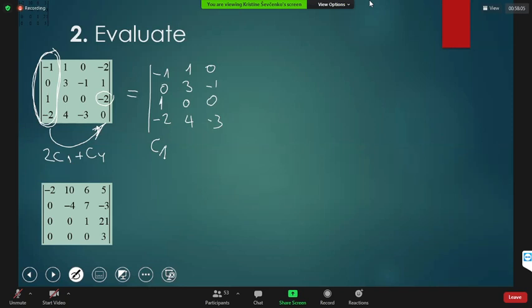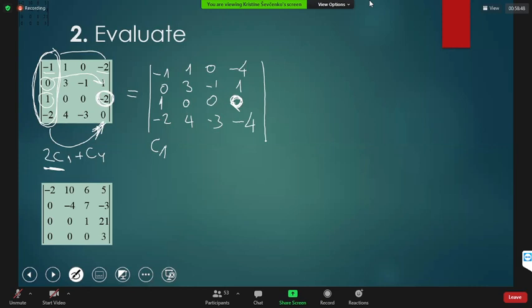So the first element, minus 1 times 2 is minus 2, added to this we have minus 4. 0, the second element, times 2, added to this is still 1. 1 times 2 is 2, added to this becomes 0. This is the whole purpose, this is why we are doing it, to make a 0 there. And finally, minus 2 times 2 added to the 0 is minus 4 again.